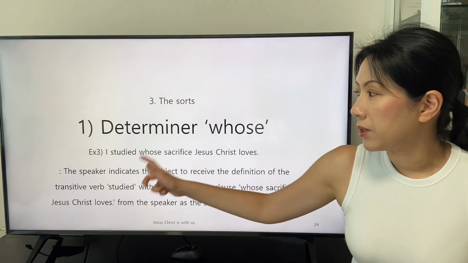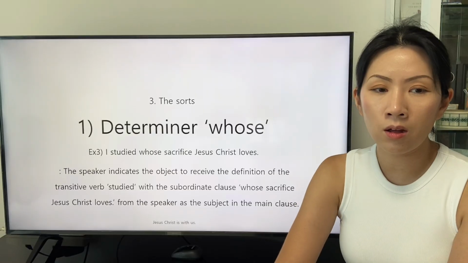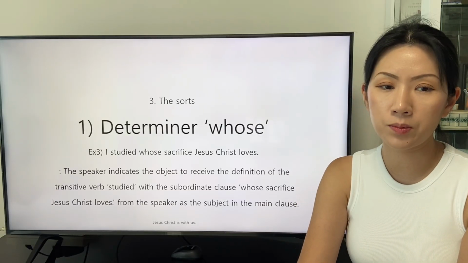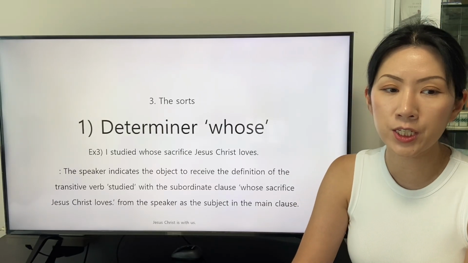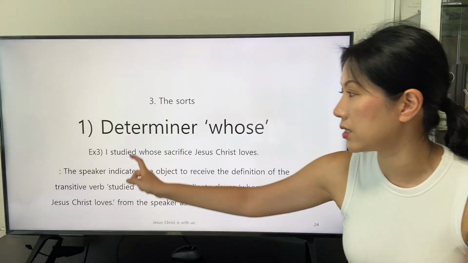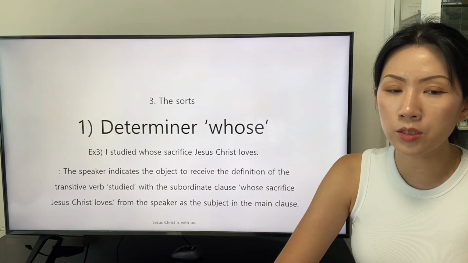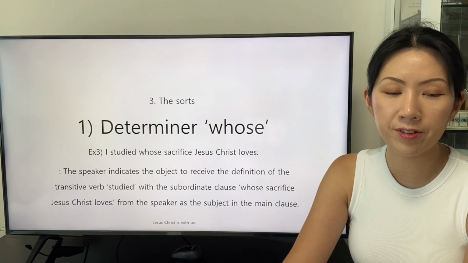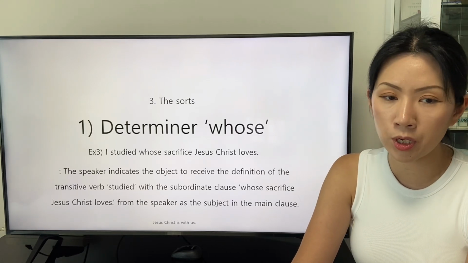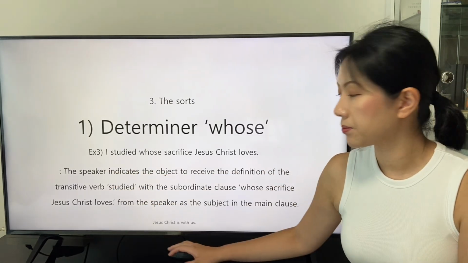Let's read the explanation together. The speaker indicates the object to receive the definition of the transitive verb studied with the subordinate clause, whose sacrifice Jesus Christ loves, from the speaker as the subject in the main clause.